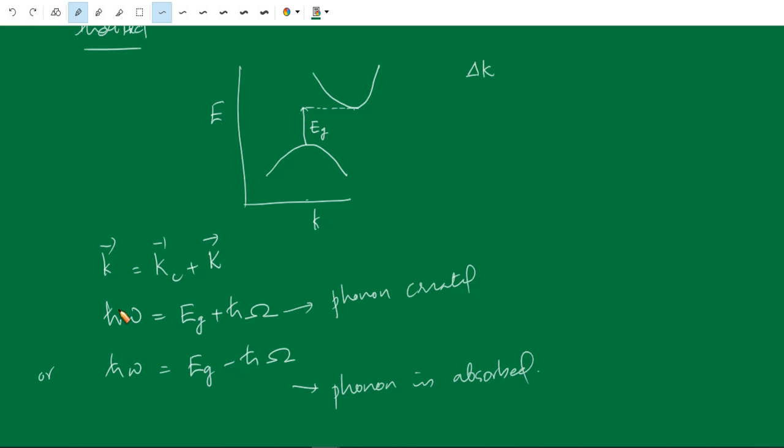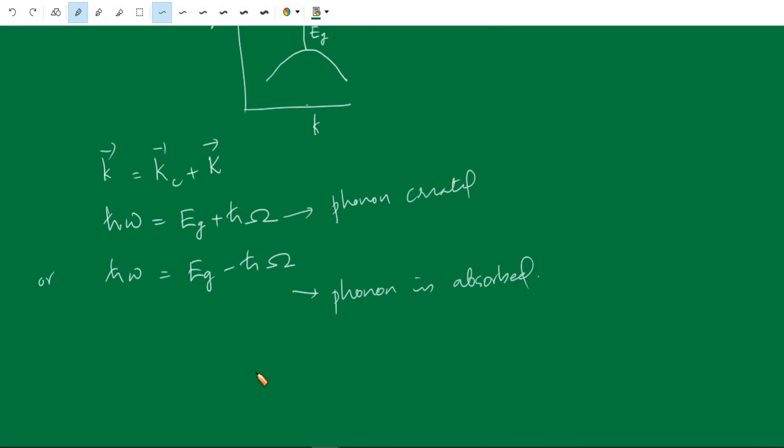Therefore, indirect materials are not used for making optical devices. Examples of direct band gap materials are gallium arsenide and indium antimonide.